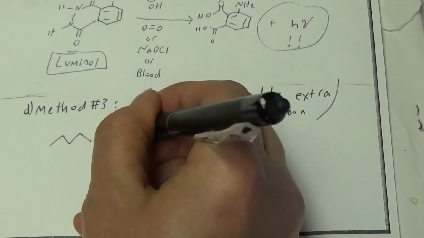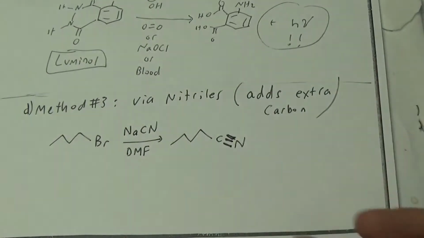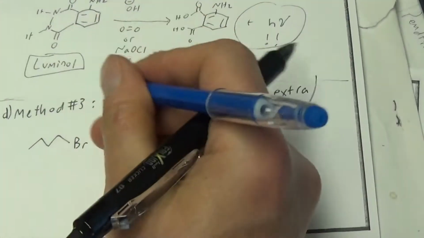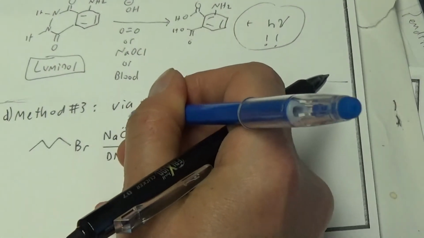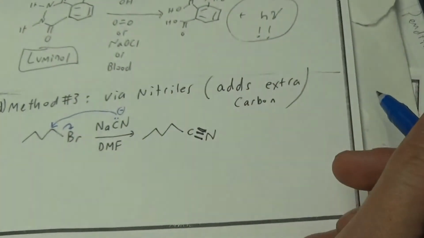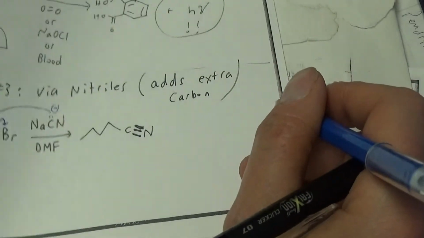So maybe NaCN and DMF. It's a simple SN2 reaction, Organic 1 style. Kick off the Br, now you've got a nitrile. And so we add an extra carbon.